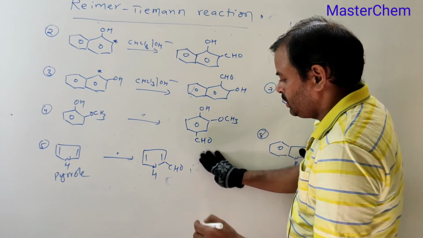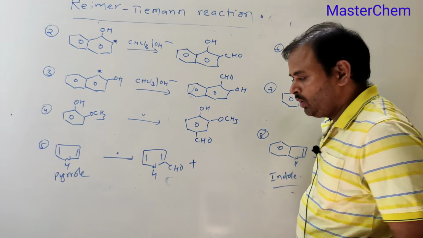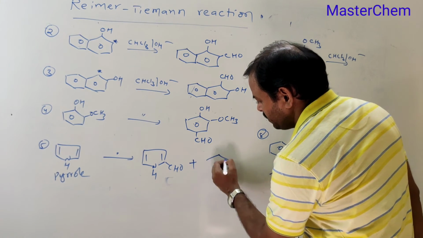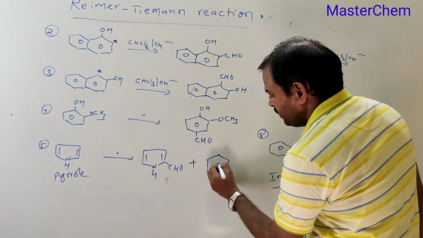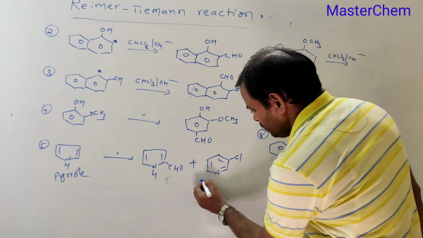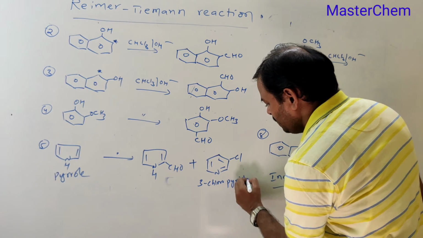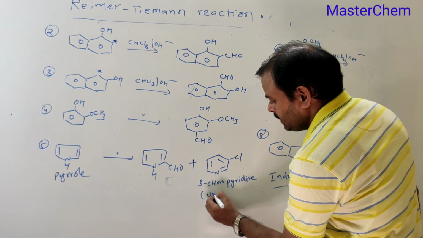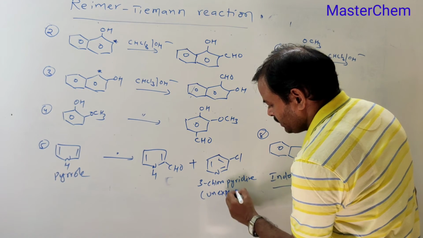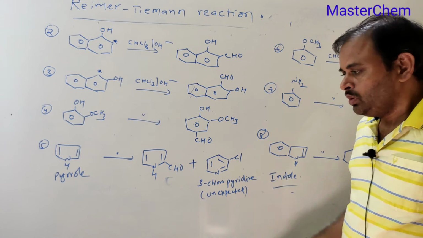Along with this, one unexpected product is also formed in the case of pyrrole. What is that unexpected product? That is 3-chloropyridine. It is formed as an unexpected product. How is it formed?